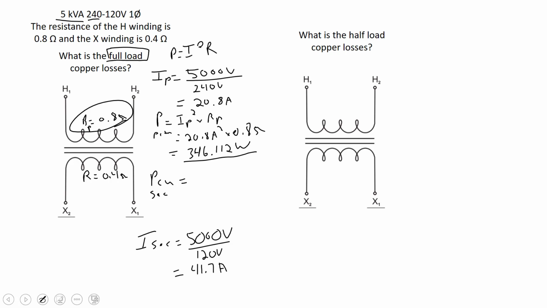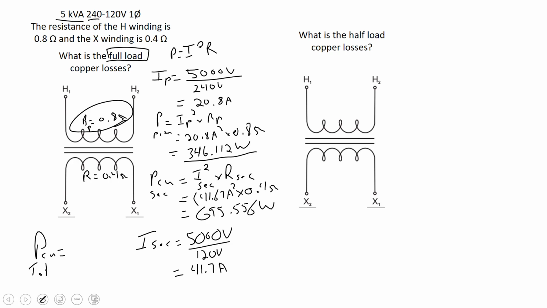So put it in our formula, I squared of the secondary rated current times the resistance of the secondary. That comes to 41.67 amps squared times 0.4 ohms. All right, and that should come to approximately 695.556 watts.